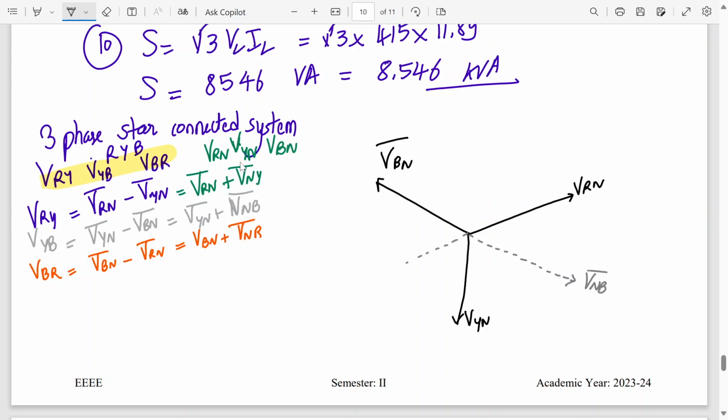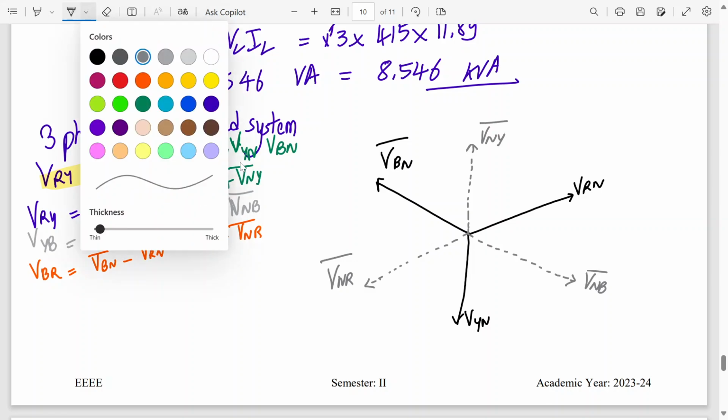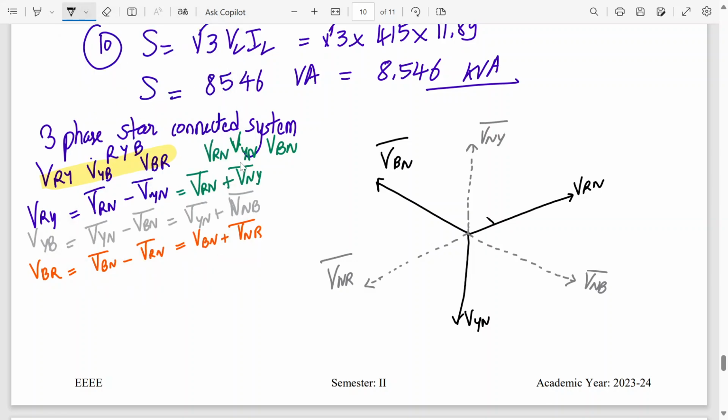Back side, I'll go back. So this is VNR and this is VNY, the mirror image behind. Remember, all of these differ from each other by 120 degree. They are the same in magnitude.